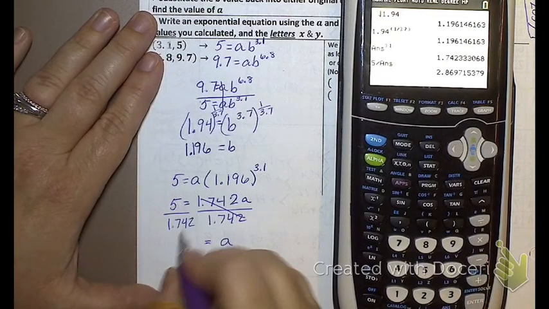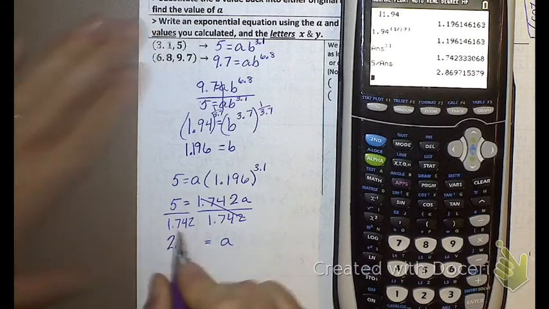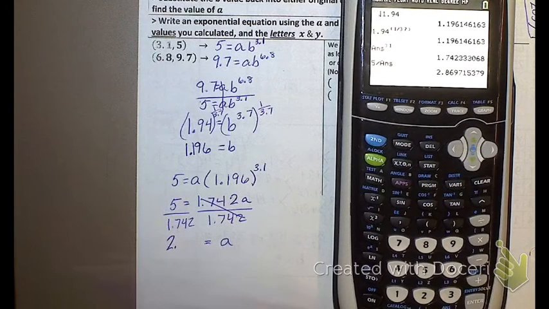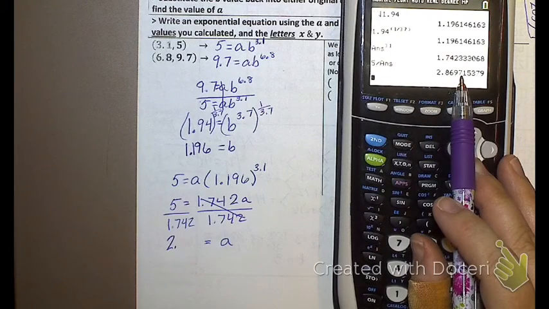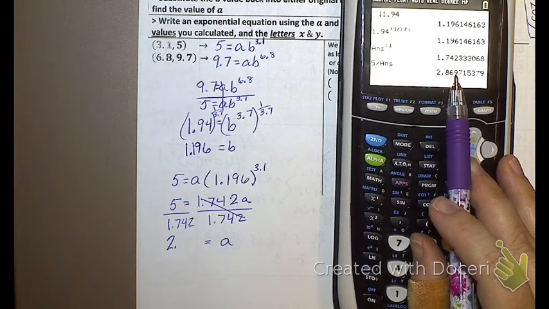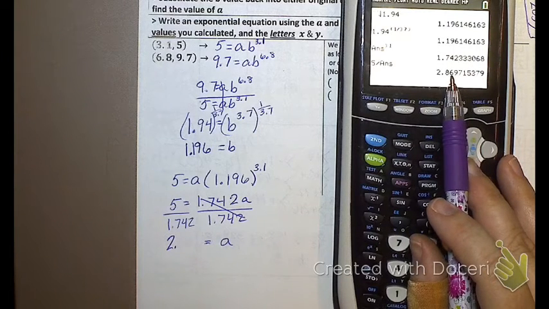And I'm left with 2.8697. That's an interesting one to round off. I have to look at the 7. There's the 7. What's going to happen because of the 7? That 9 has to go up, doesn't it? Well, if that 9 goes up, then the 6 goes up. So what does it round off to? 870.